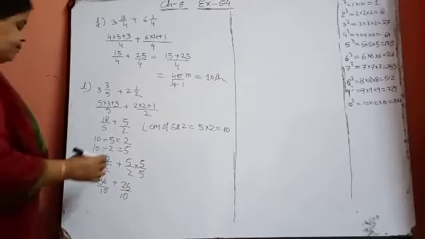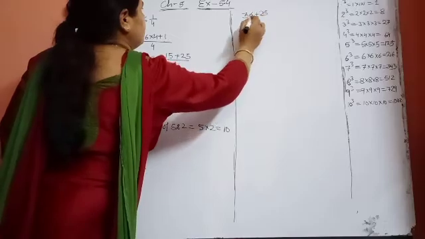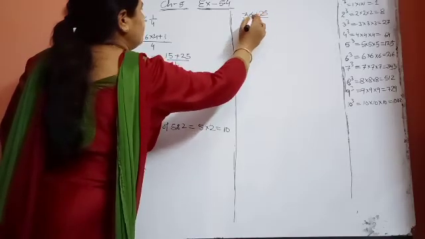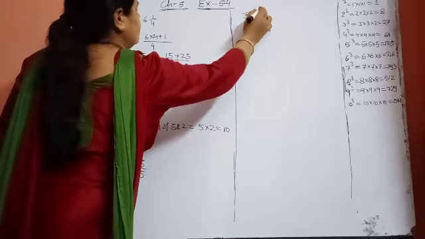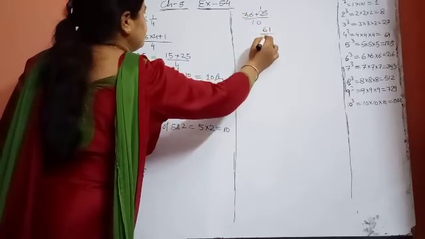So what will it be? 36 plus 25 upon 10. 5 plus 6 is 11, 1 carry. 2 plus 1 is 3, 3 plus 1 is 4... the sum is 61 upon 10.